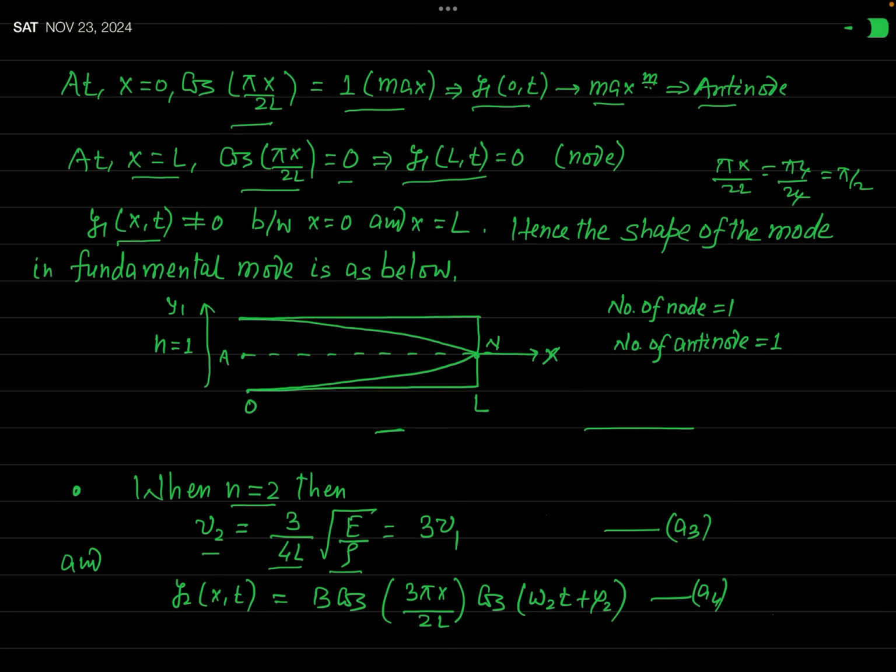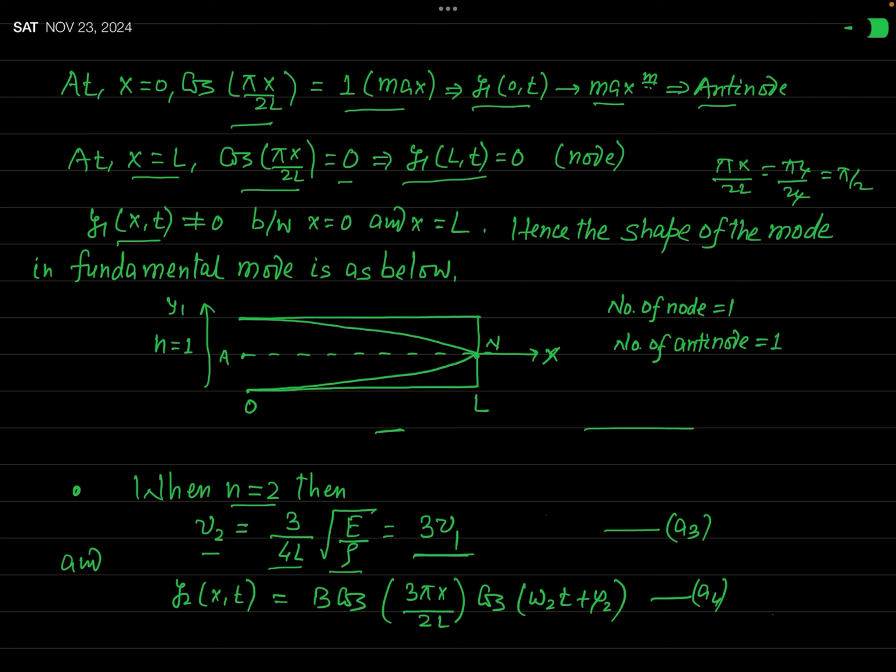So this nu2 is simply equal to 3 nu1. So this first overtone is 3 times the fundamental frequency. 3 times, okay? Or you can say that this is an odd multiple of fundamental frequency, okay?